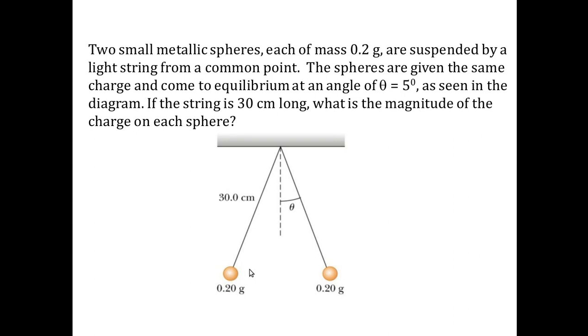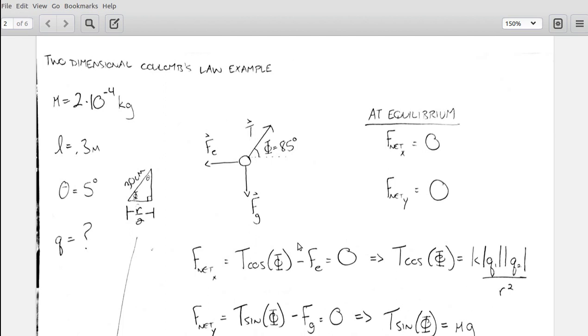So I'm going to pick one of these particles. If you notice, they are both suspended by a string the same length, right? They're exerting forces on each other, and they're probably on planet Earth, so they're experiencing a gravitational force too. If I draw a free body diagram for this one, it's just a mirror image of a free body diagram for that one.